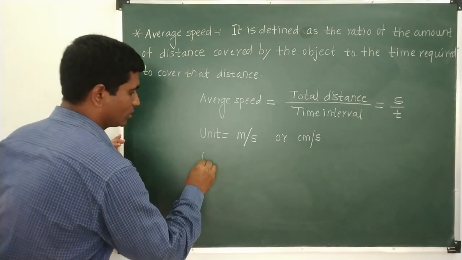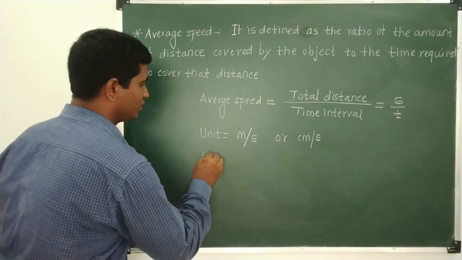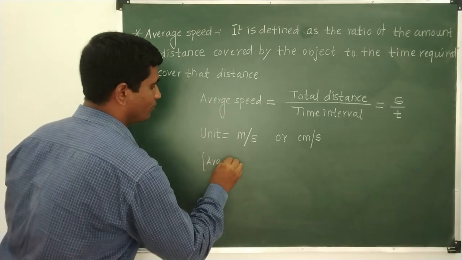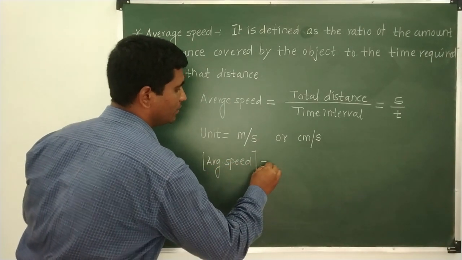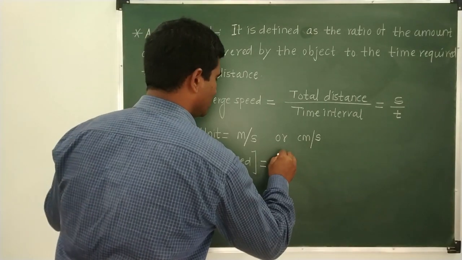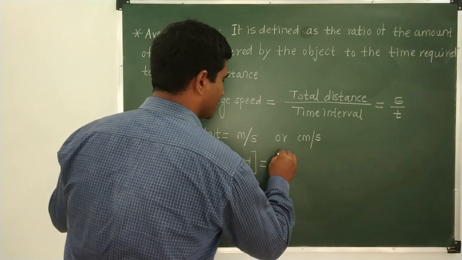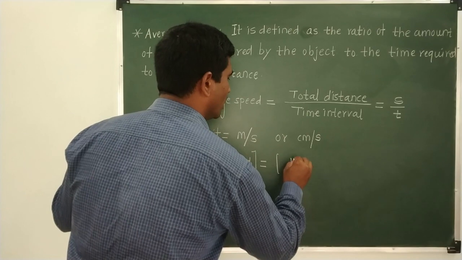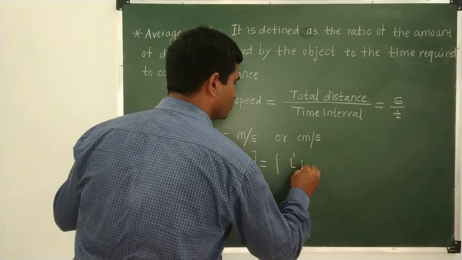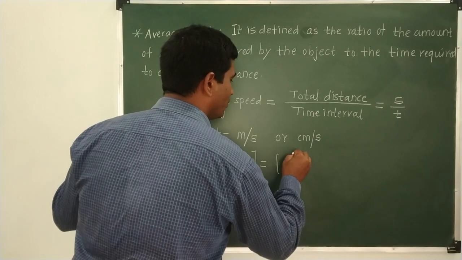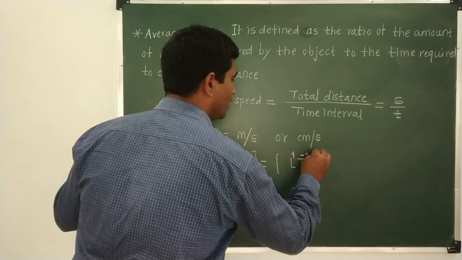If you want to find the dimension of average speed, it is meters per second. So it is L1, where L stands for length, and since it is per second, time will come out to be minus 1.